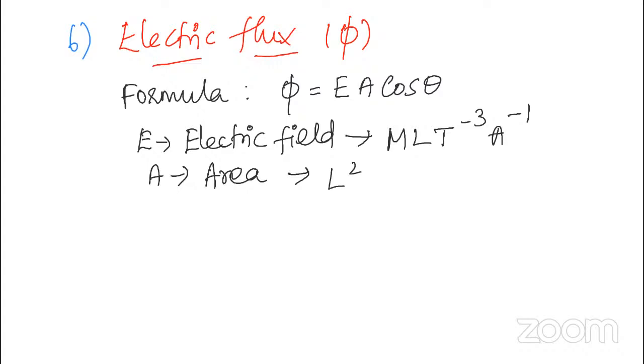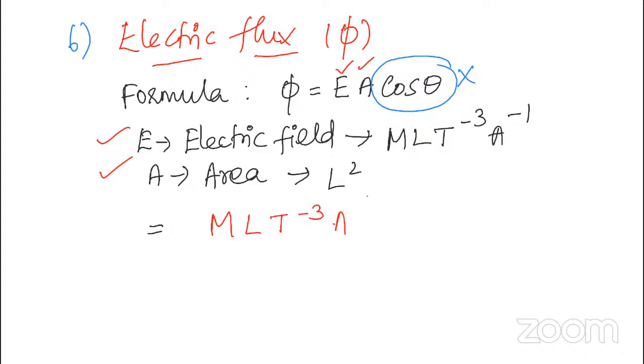Okay. So now here cos theta is a dimensionless quantity. So we are writing only for E and A. We just multiply the values. M L T power minus 3 into A power minus 1 into L square.